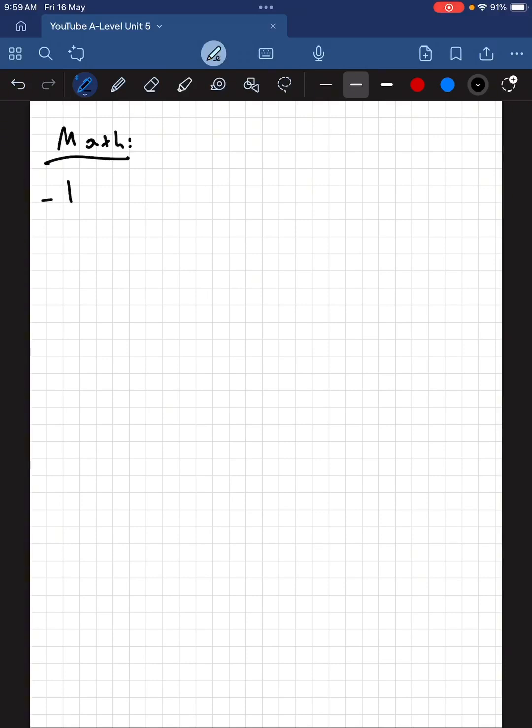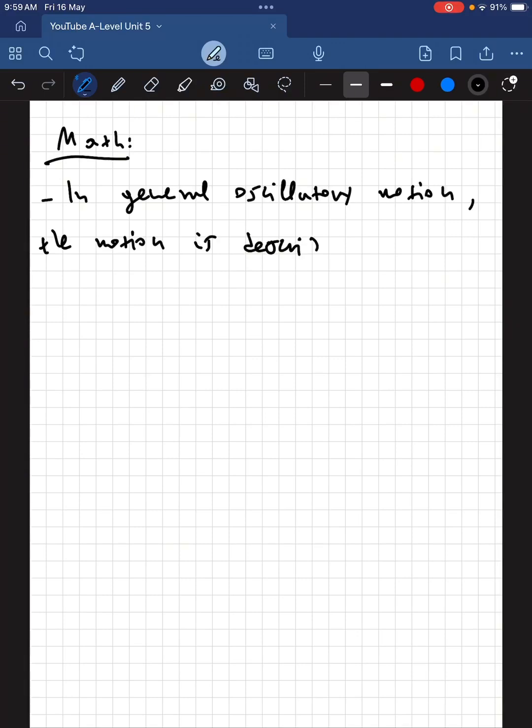In general, oscillatory motion is described by functions such as sine omega t.